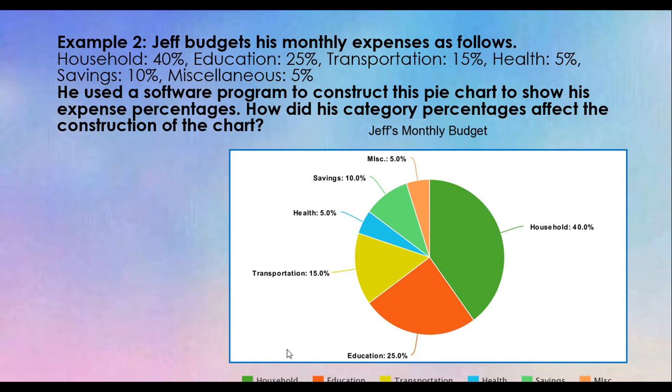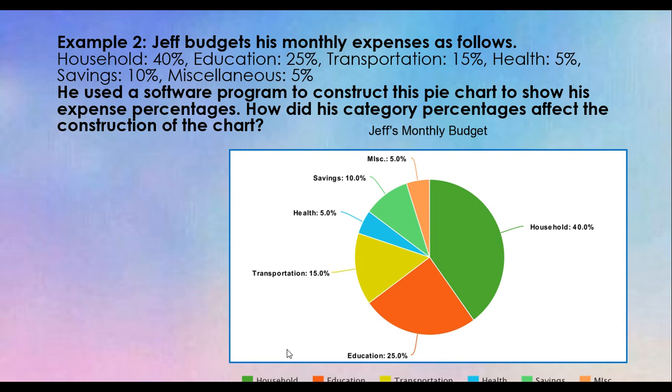Education, Jeff's going to school or has student loan debt to pay off. Transportation is a really huge expense that a lot of people don't think about. When they think about independent living, you forget about your car payment, you forget about your insurance, you forget about fuel, things like that. Health, he also is a smart guy, so he's putting away stuff for savings.